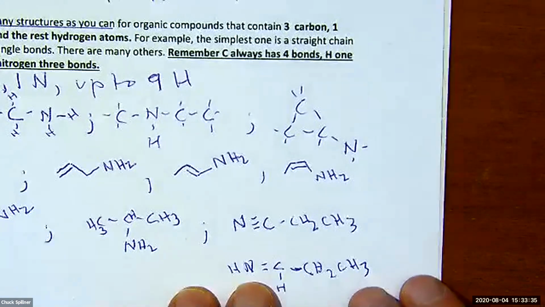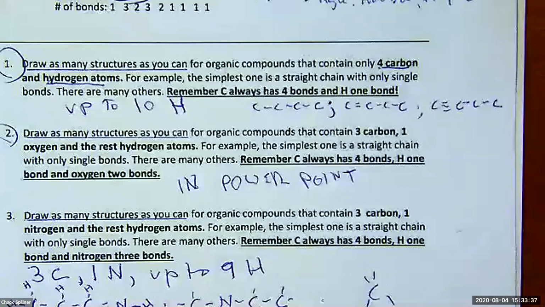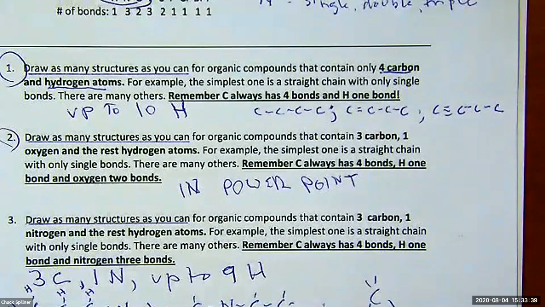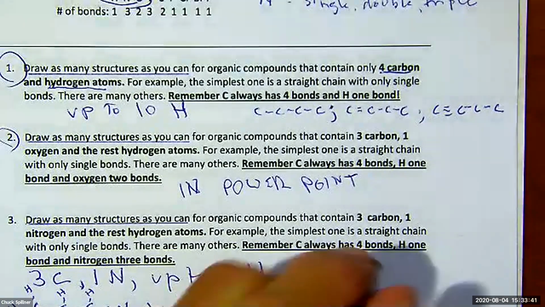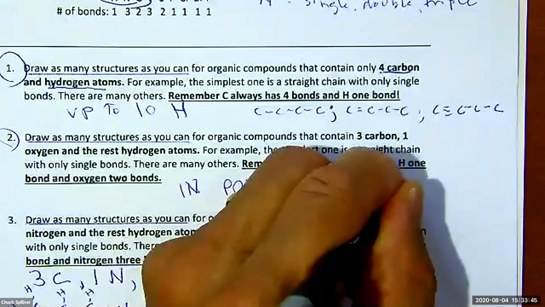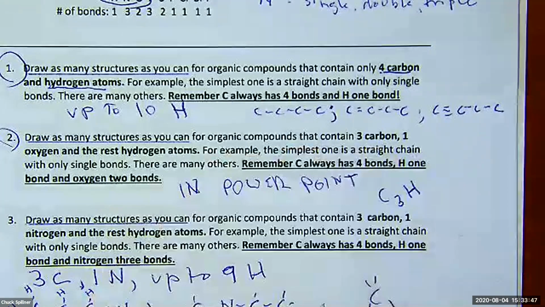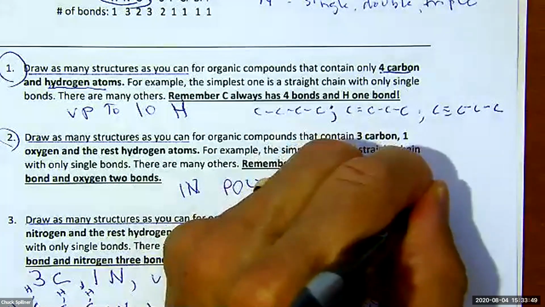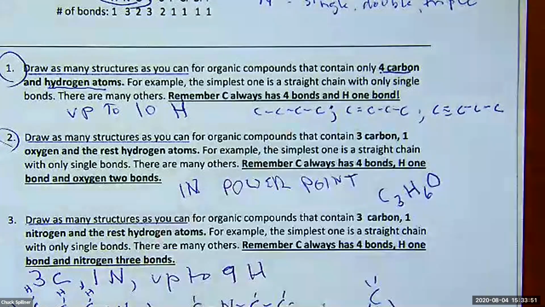So in the PowerPoint, remember, those are just structural isomers of C3H6O. That's what's in the PowerPoint.